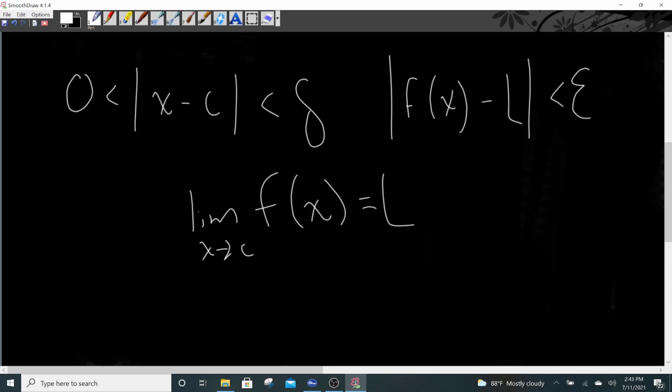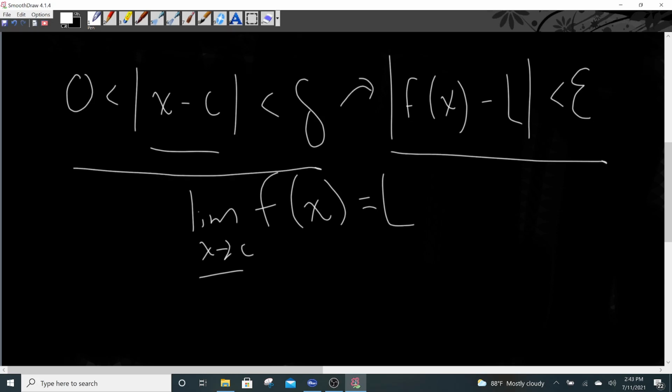But we know that the absolute value of x minus c, if delta is some very, very small value, we know that if the absolute value of x minus c is getting smaller and smaller, that means that x is approaching or going closer to c. And since this expression implies this expression, that means that epsilon is also getting smaller because delta is getting smaller.